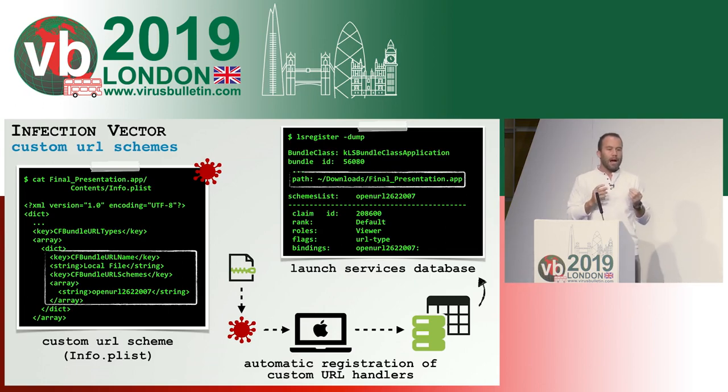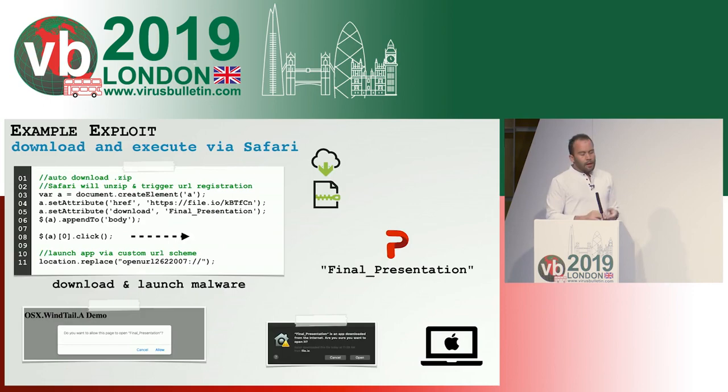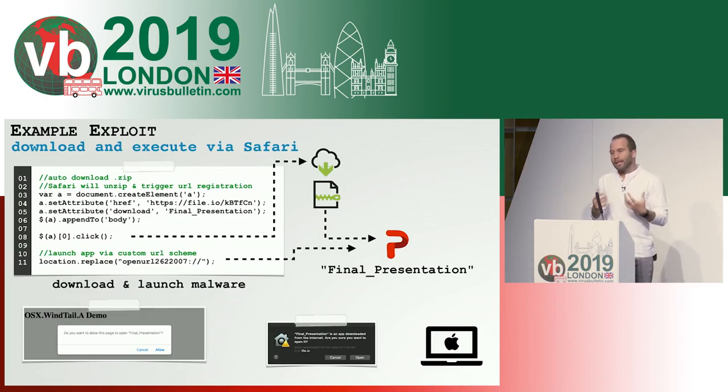Now, once the malware has been registered as a handler for this custom URL scheme, it can be launched via any request for this custom URL scheme, because macOS now has associated it with that scheme. For example, from JavaScript within a browser. So here's some example code that realizes the exploit.